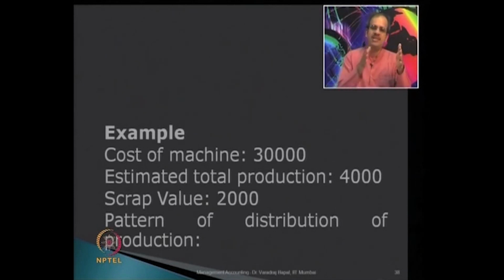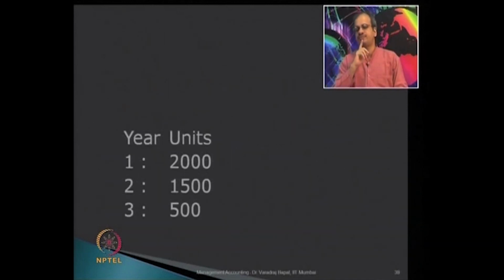You will realize that the depreciable amount is 30,000 minus 2,000, that means 28,000 is to be depreciated over the life, and the total estimated production is around 4,000. So, 28 upon 4, so 7 rupees per unit becomes the depreciation of the machine.